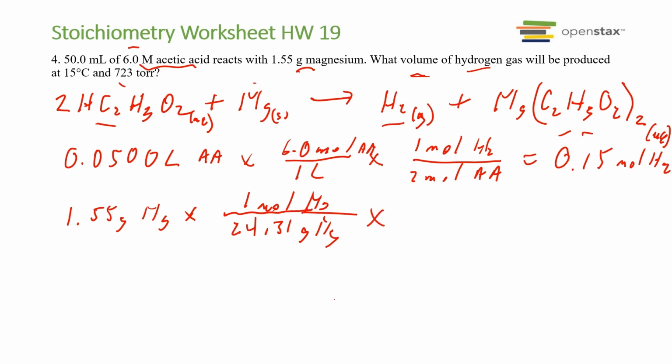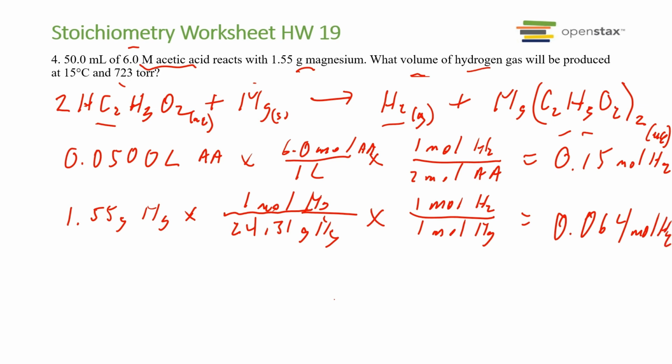And then we have to, again, figure out how much hydrogen we can get out of that. And in this case, it's just 1 mole of hydrogen per 1 mole of magnesium. Okay. So if we just divide 1.55 by 24.31, we get 0.064 moles.